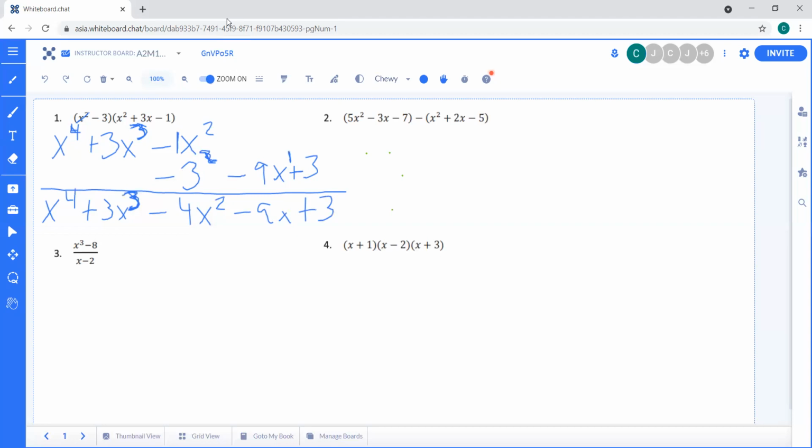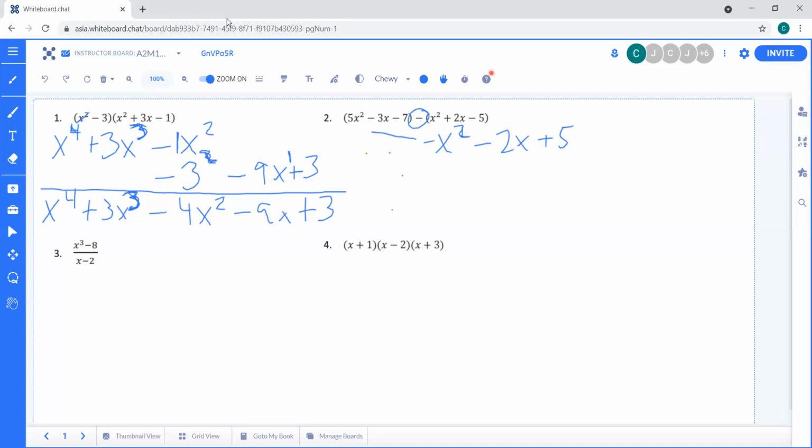Okay. Now with this, we're not multiplying, we're just negating all those terms and combining like terms. Okay. So this becomes negative x squared minus 2x plus 5. And now we just combine those with the first parentheses.